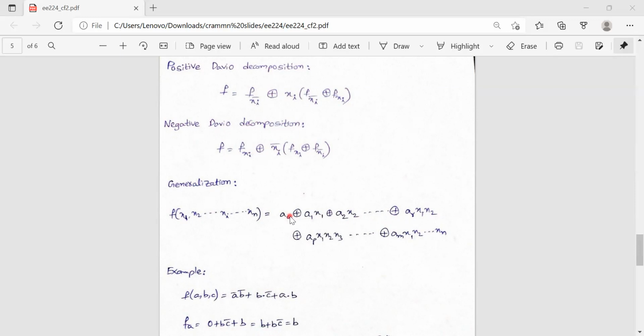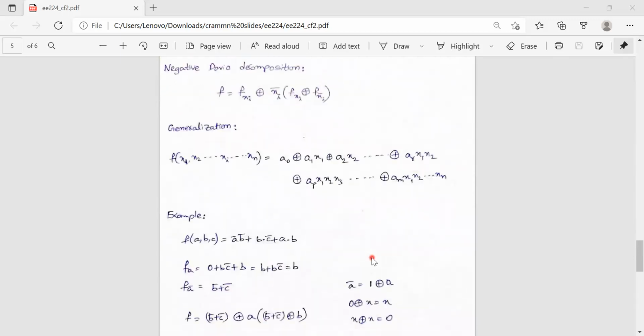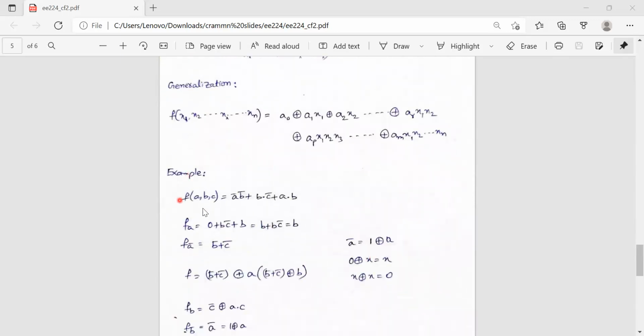We can see that the components are a constant one, and x1, x2, x3, so on up to xn, and we can take 2 at a time, 3 at a time, 4, up to n at a time. Let's take an example here.